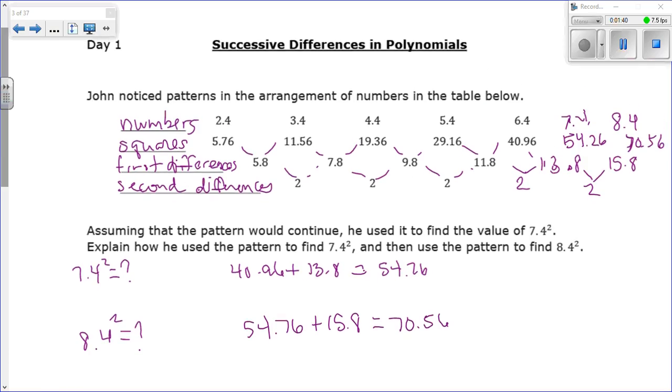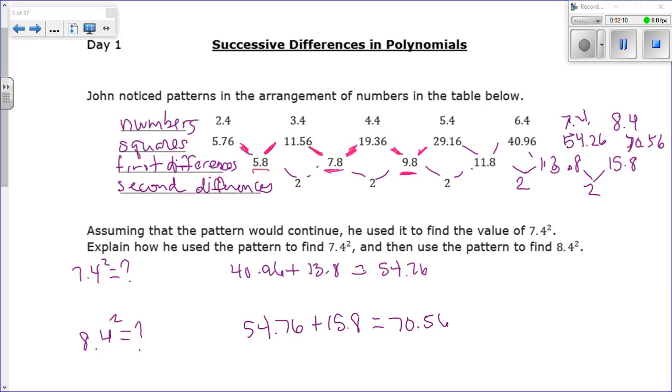So what John noticed is when he subtracted 5.76 from 11.56, he got 5.8. And when he subtracted 11.56 from 19.36, he got 7.8. And then when he subtracted 19.36 from 29.16, he got 9.8.